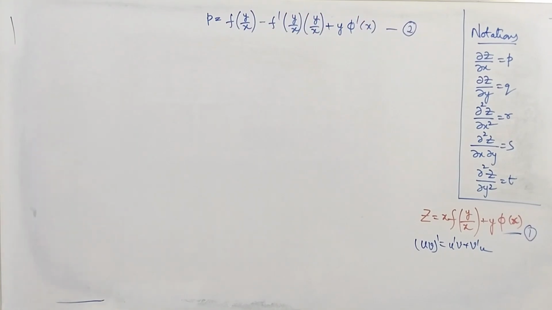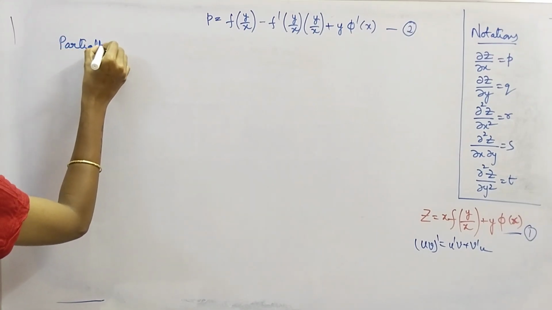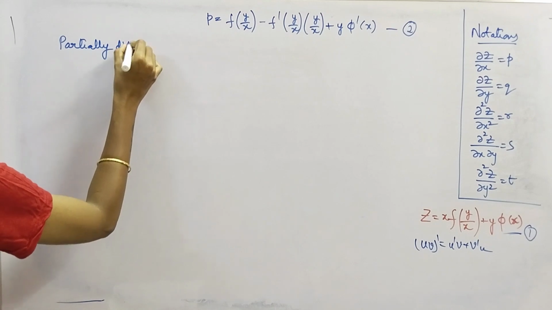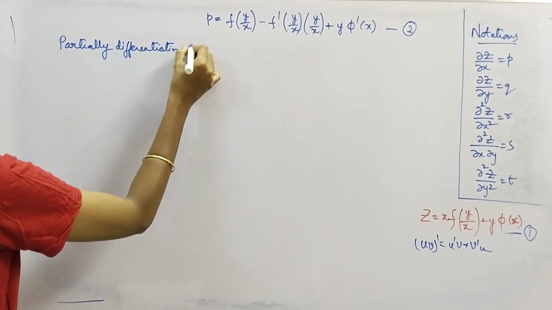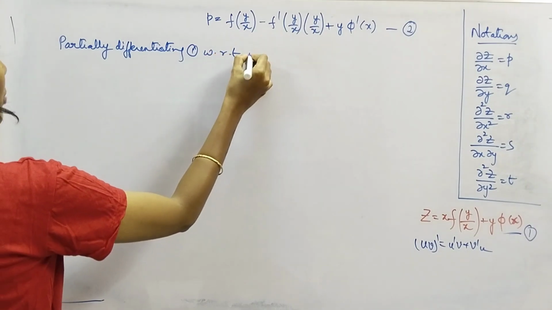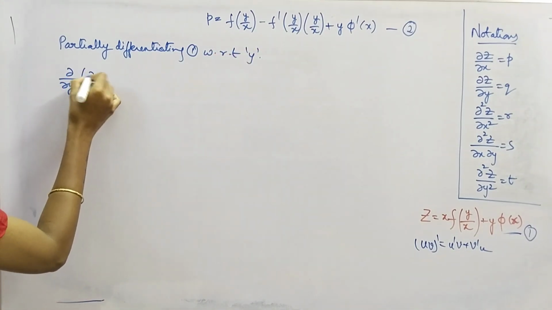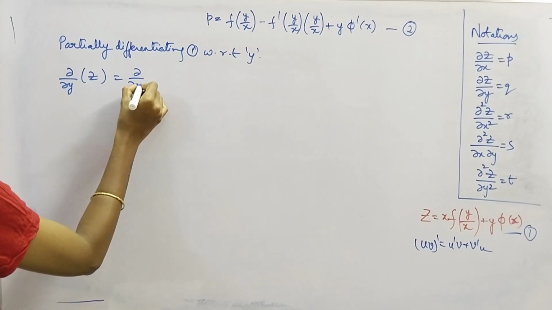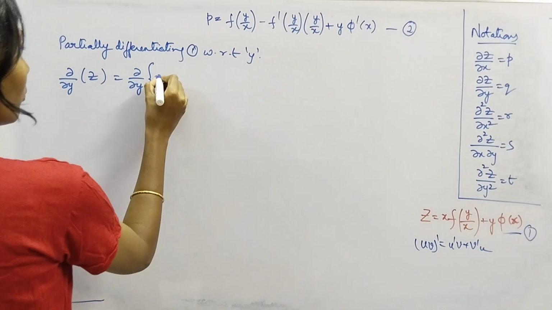Now let's partially differentiate 1 with respect to y. Just apply dou by dou y on both sides of 1. Here we are partially differentiating with respect to y, so we'll treat x as constant.